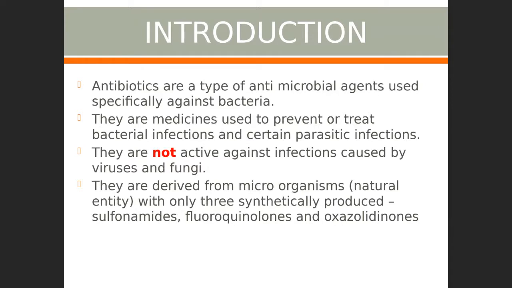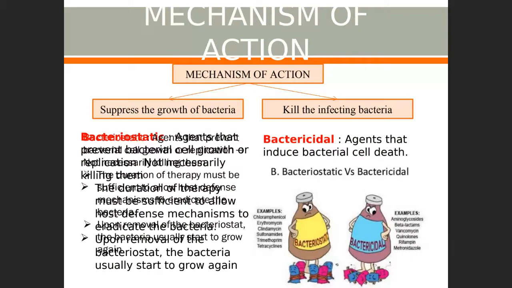Now we are saying that antibiotics are used to either kill the bacteria or prevent the growth of bacteria. So how are they doing this? What is the name allotted to such type of action? If the antibiotics only suppress the growth of bacteria, such antibiotics are known as bacteriostatic.